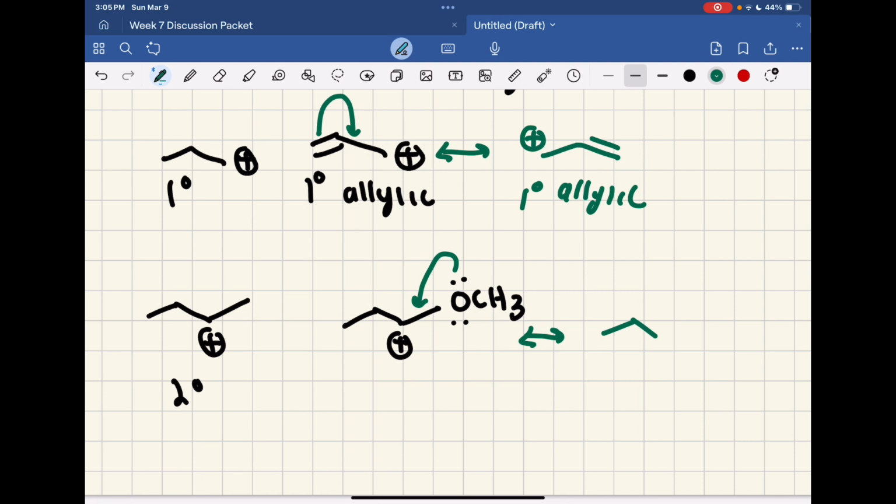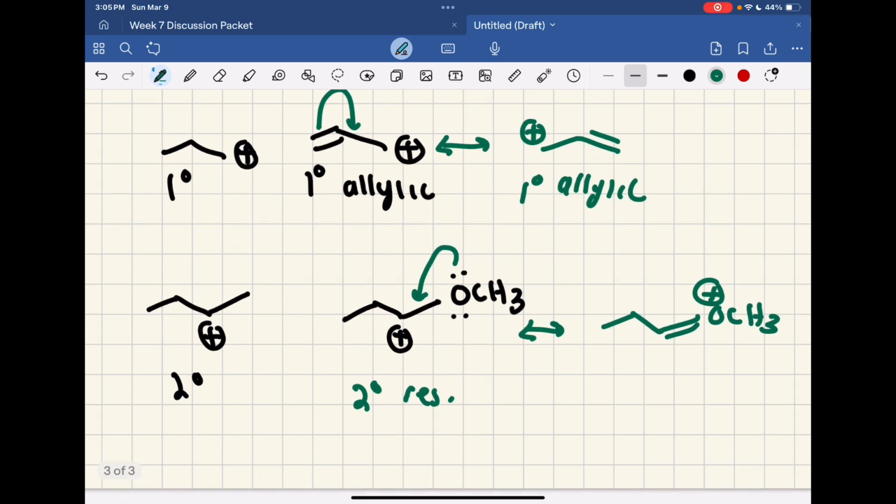We get an alternative structure that looks like this. And of course, yes, the positive charge on the oxygen is not great. But the fact that we could stabilize partially by donating negative charge into that deficiency overrides the fact that I'm getting a positive charge on the oxygen. So the secondary with the oxygen, I would just call this secondary resonance, is more stable. Okay, so again, the carbocation on the right is more stable.